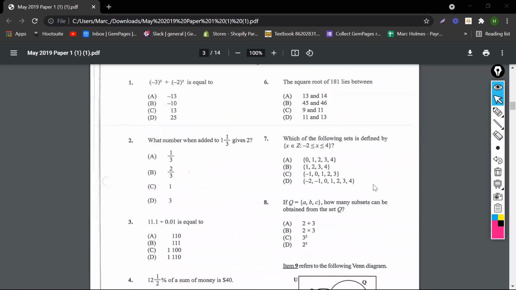So that's it for number 5. Let's move on to number 6. It says the square root of 181 lies between. So guys, we can easily think this out because 13 squared is 169. And 14 squared, how much is 14 squared? 14 times 14.